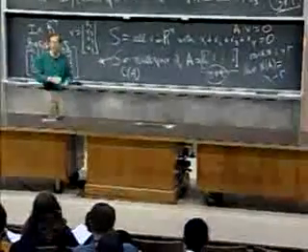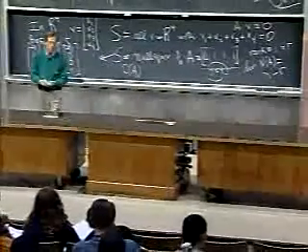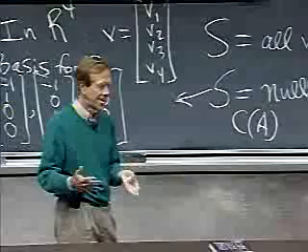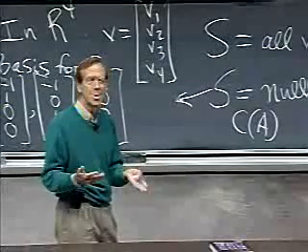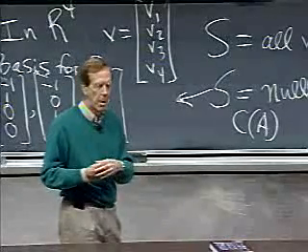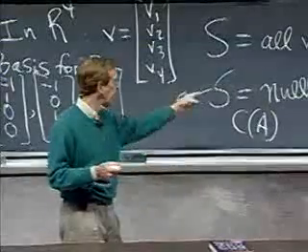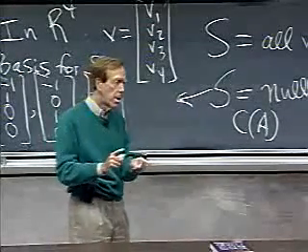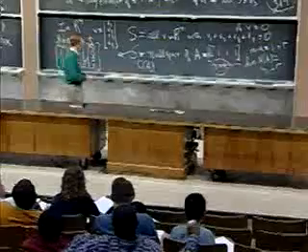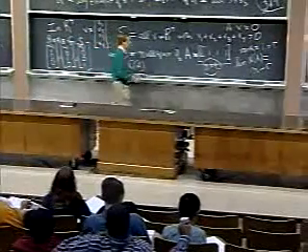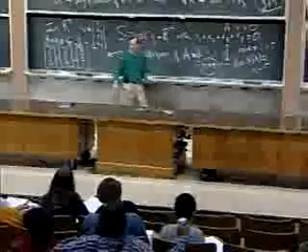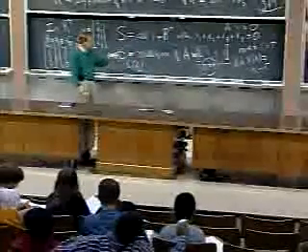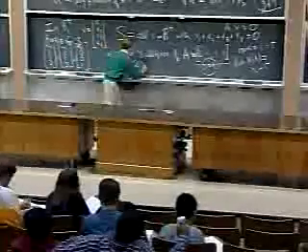And what is the column space actually? The column space for that matrix is R1. It's all multiples of that column, and all multiples give you all of R1.